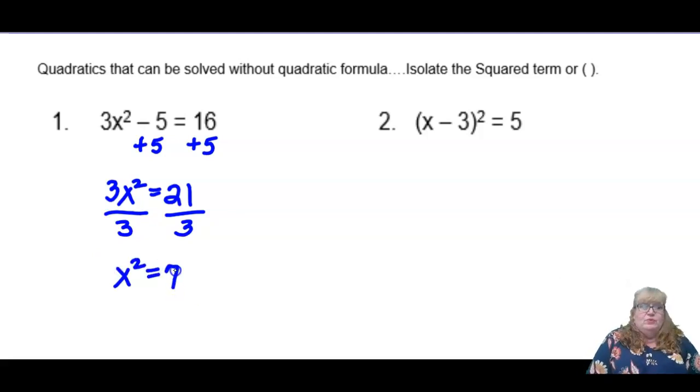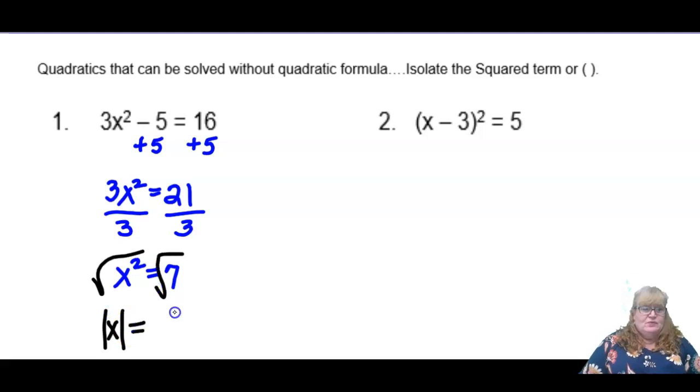Now this is really important, but if x squared is 7, there's actually two answers that work. Whenever you square root an x, the answer is actually the absolute value of x. And then you square root 7 and you get the square root of 7. And if you remember, absolute value means there can be positive or negative.